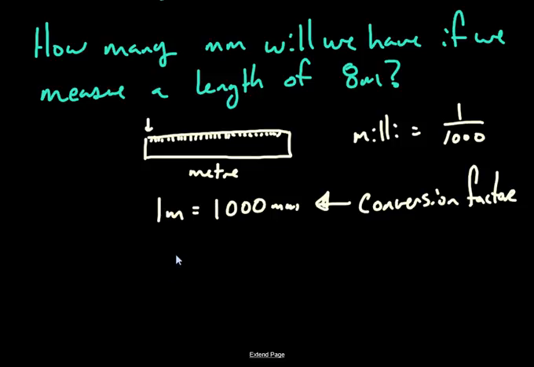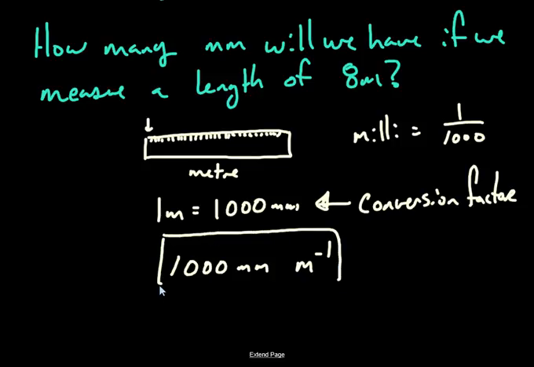So, write this the other way: there's 1,000 millimeters for every 1 meter, or per meter, okay? So that's the conversion factor that's going to tell us how many millimeters there are in every meter.